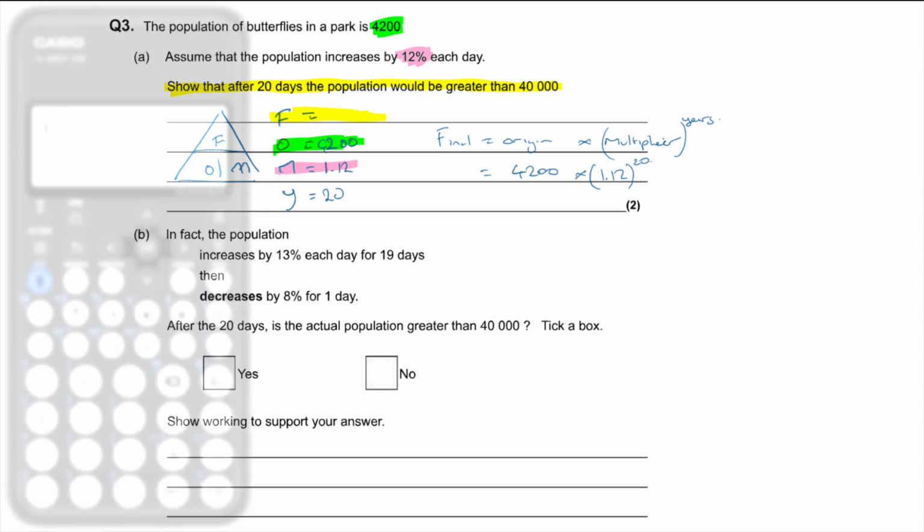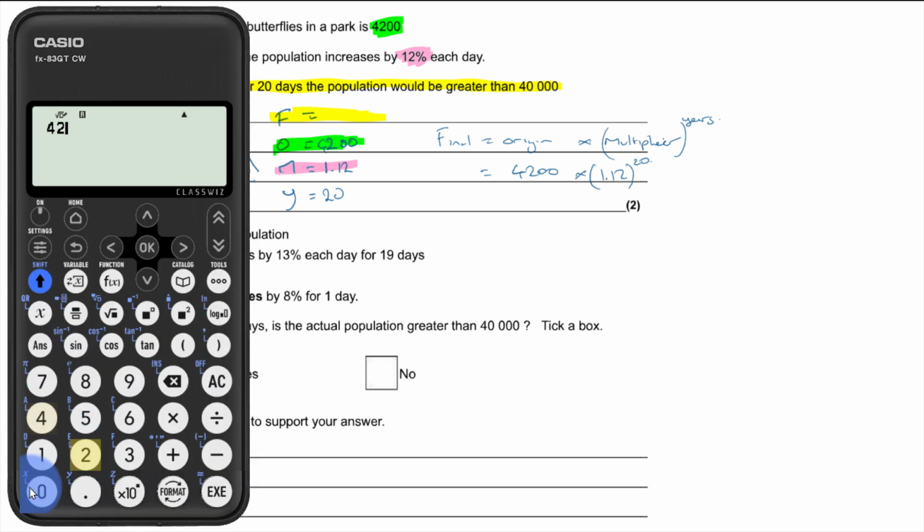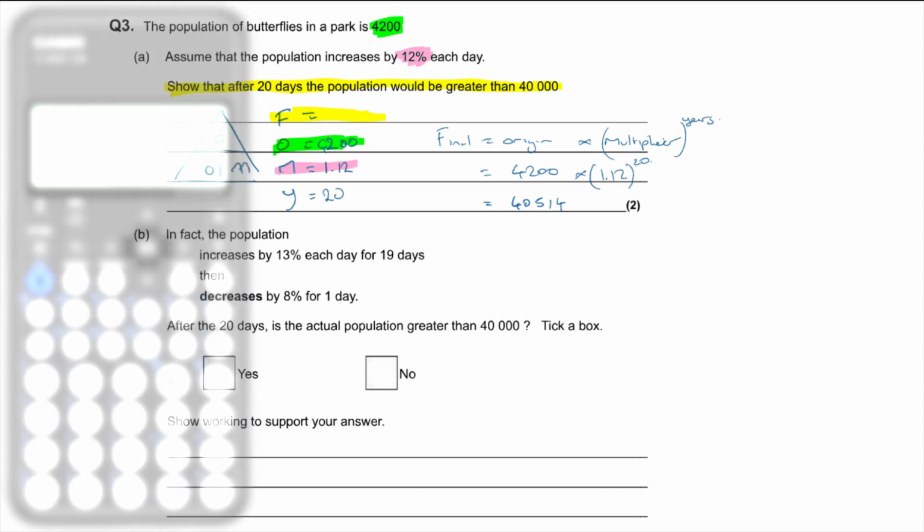So let's type that into the calculator. 4200 times 1.12 raised to the power of 20, and now that comes out to be a whole lot of butterflies. That's 40,514 and a bit of a butterfly, which I'm just going to try not to think about.